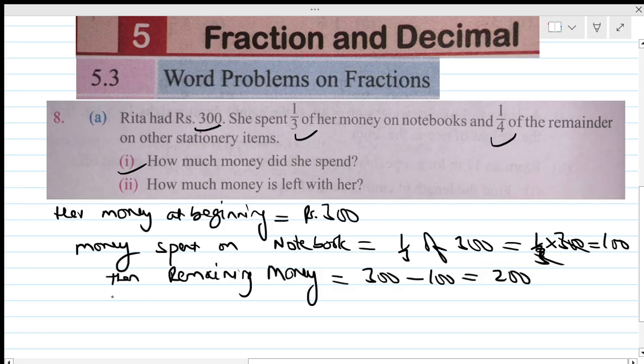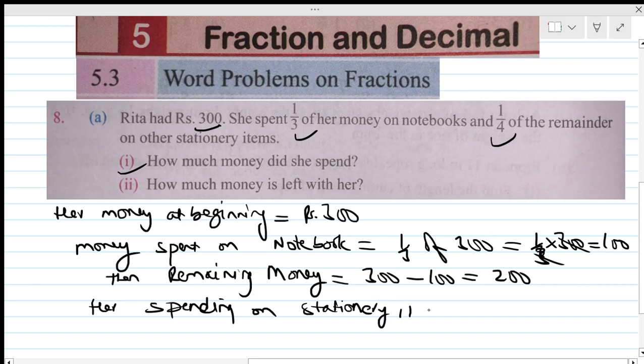So her spending on stationery items, like pen, pencil, copies, right.